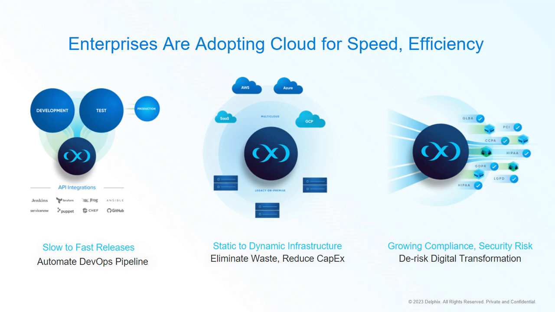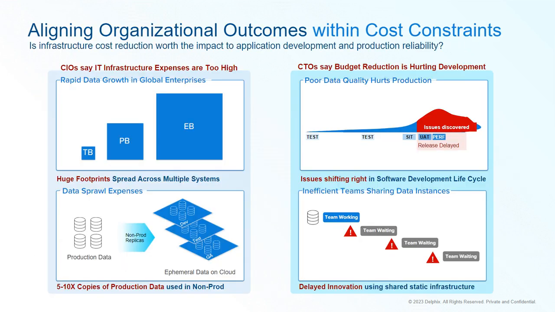Something that unfortunately many organizations don't think much about is cost. When it comes to cost, there is always a debate between the CIO side of the house and the CTO side of the house, especially for organizations with strong development and testing environments and practices. The CIO obviously is trying to do a lot more with less, right?